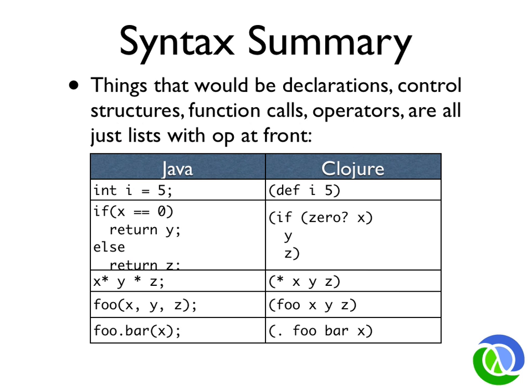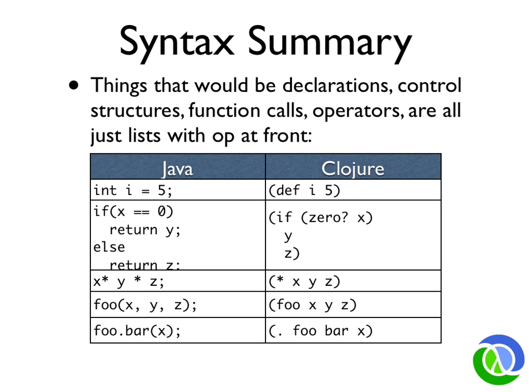So, we'll try to summarize this. Things that would be declarations or control structures or function calls or operators or whatever in Java, all are uniform in Clojure or any Lisp, in that there are lists where the operator is the first thing in the list.